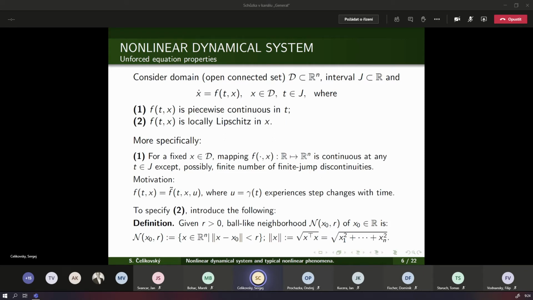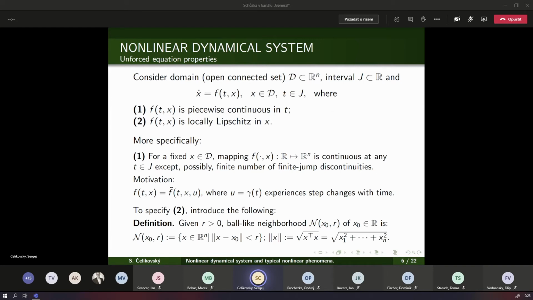It is the definition of a ball-like neighborhood of some given state x0 from Rn. Here you may correct, I will correct it later. Here should be Rn, of course, x0 is from this n-dimensional space like here.